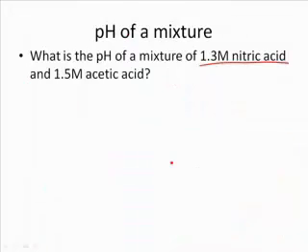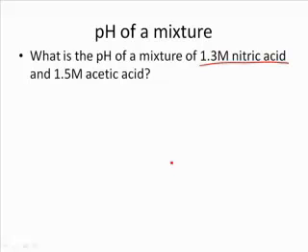Okay, if we have a mixture of acids, there are a couple of different situations that can occur. One is if one of the acids is a strong acid, then that's really going to dominate the pH.